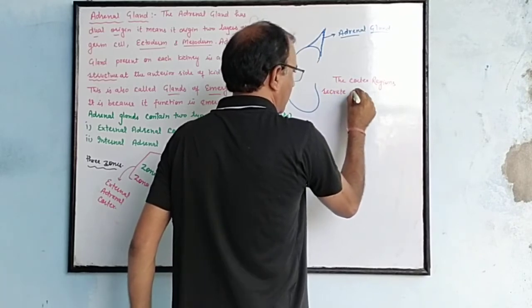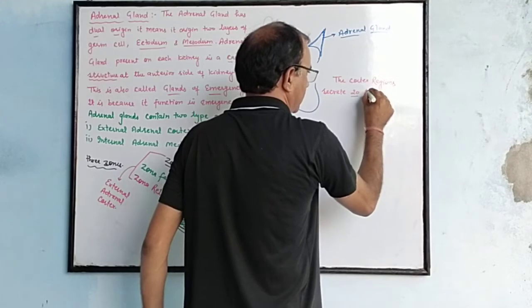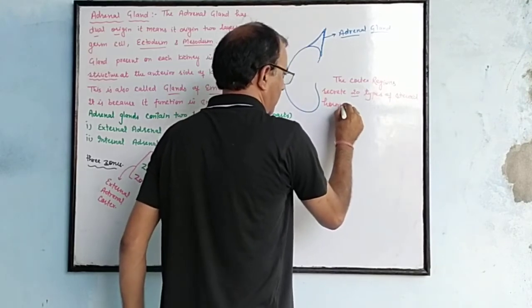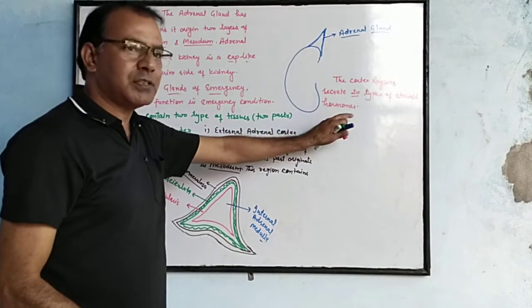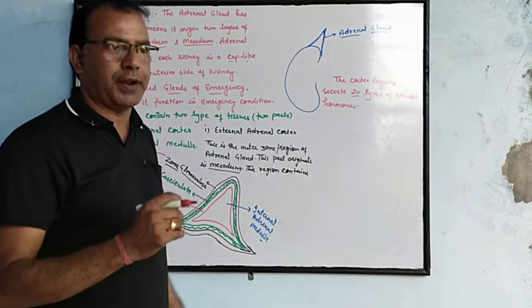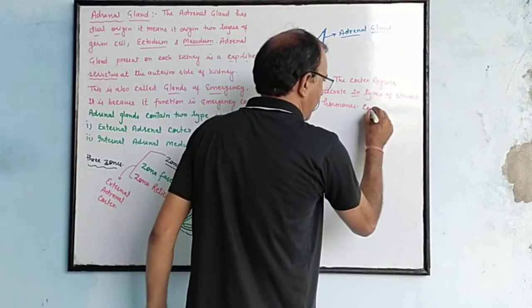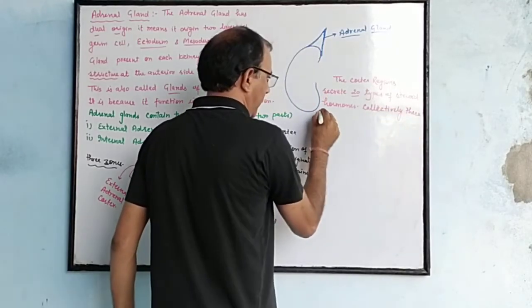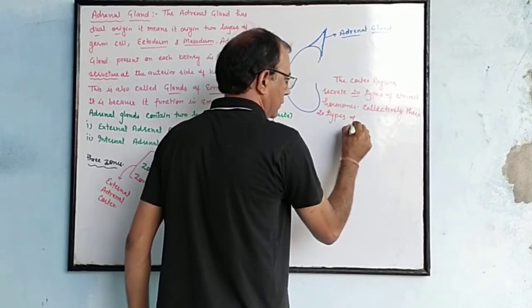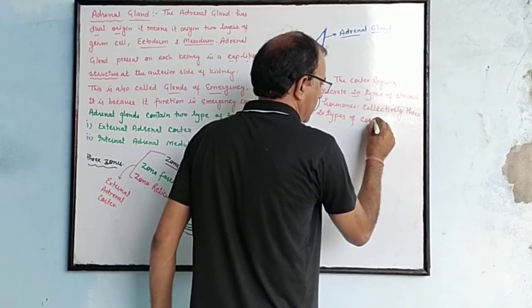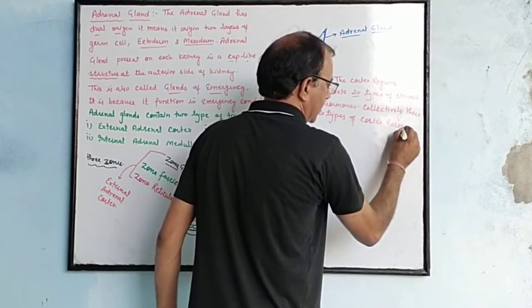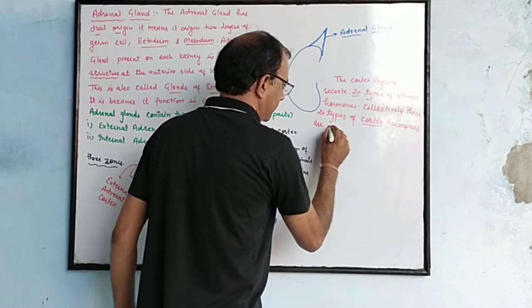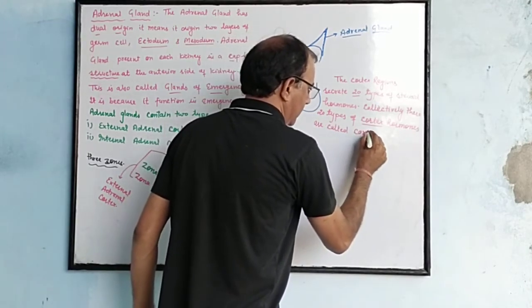Collectively, these 20 types of cortex hormones, or steroid hormones, are known as corticoids.